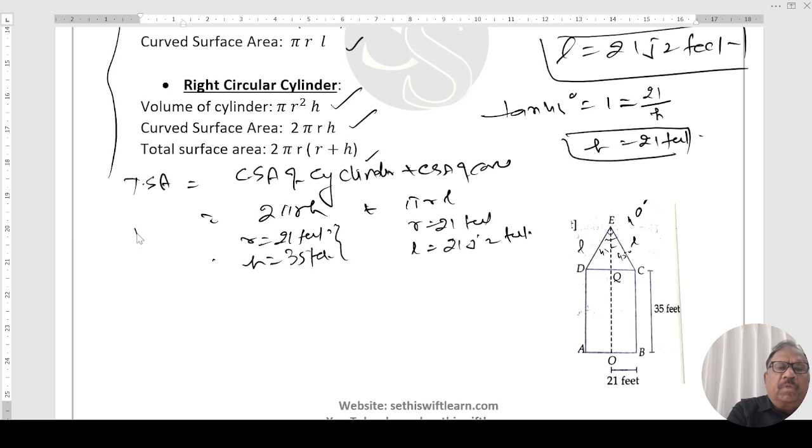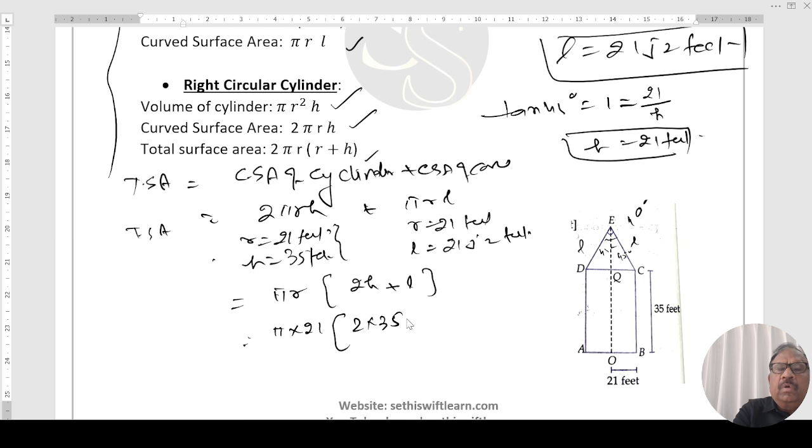Now, before substituting the values, take out the common factor. Pi r taken common, 21, 2h plus l, that is pi into 21 into 2 into 35 plus l. l is 21 root 2.